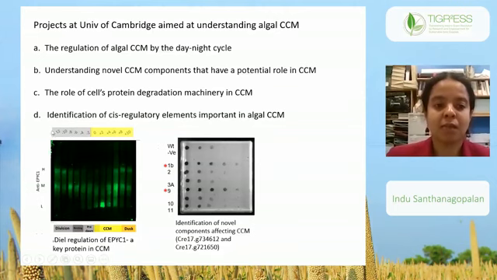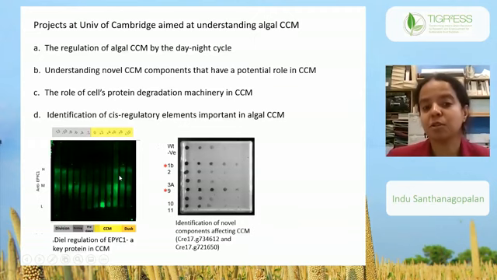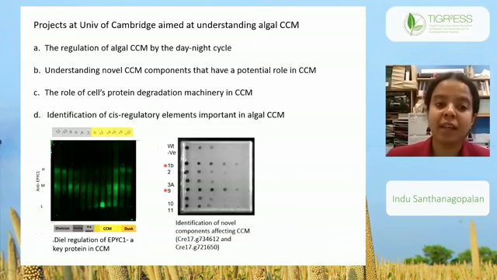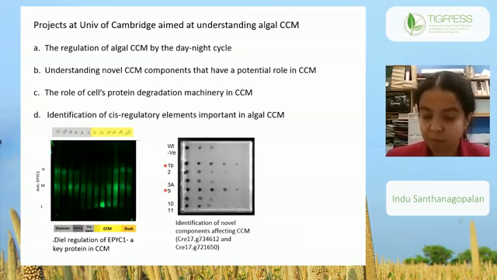And we see that over the course of the 24-hour cycle, there is a dramatic change in the extent of phosphorylation of this particular protein. And this is a key component of the pyrenoid, indicating how this particular protein has to be regulated to have the CCM going in the algae.